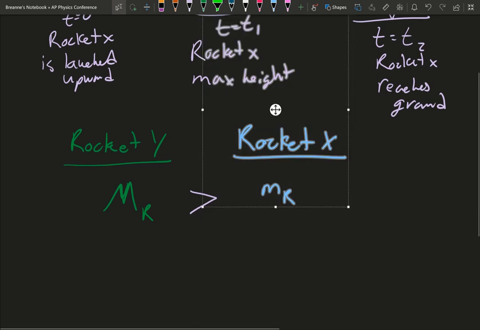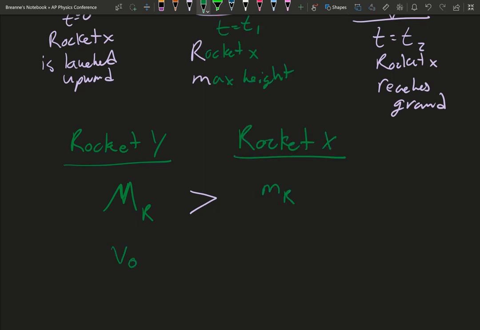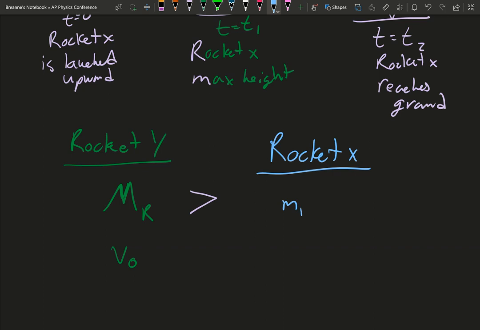So now they're saying that the, oops, I meant to do that a different color. Let's try that again. Little m and then v0.